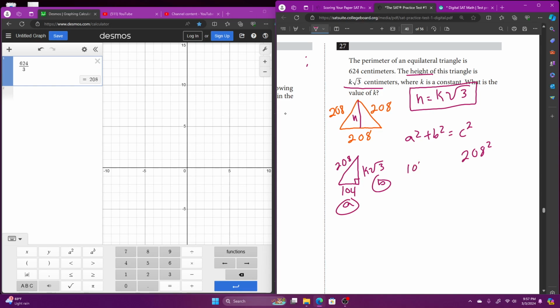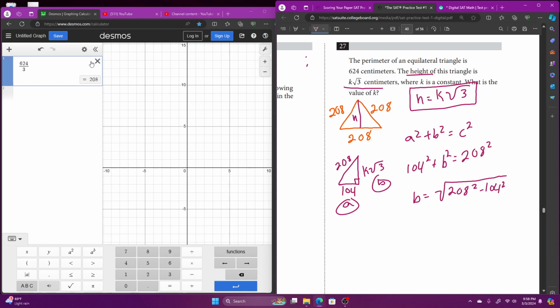So 104 squared plus b squared equals 208 squared, so b equals the square root of 208 squared minus 104 squared.